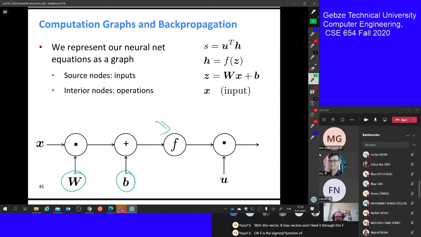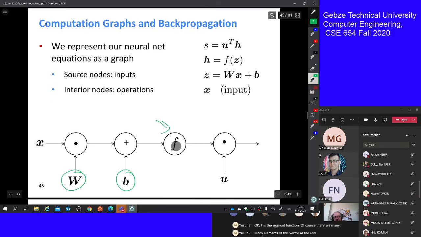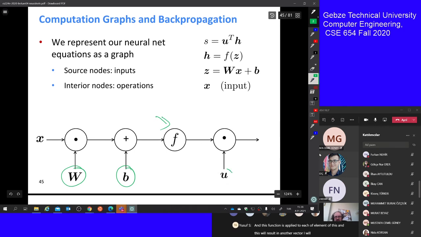There are many elements in this vector, and this function is applied to each element, resulting in another vector. I take the dot product of that vector with this U, another parameter, and as a result I get a score.